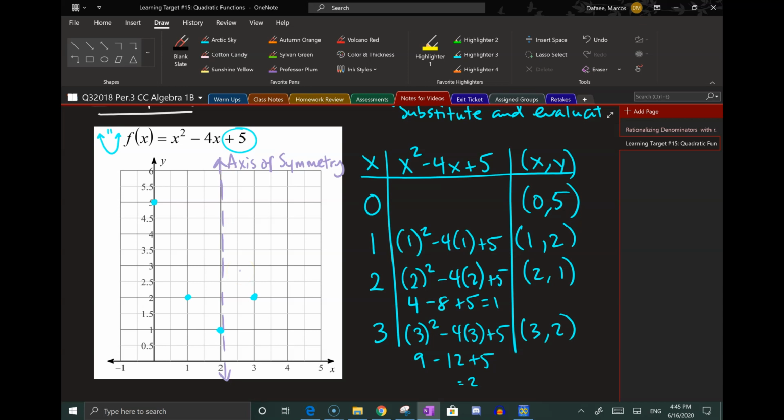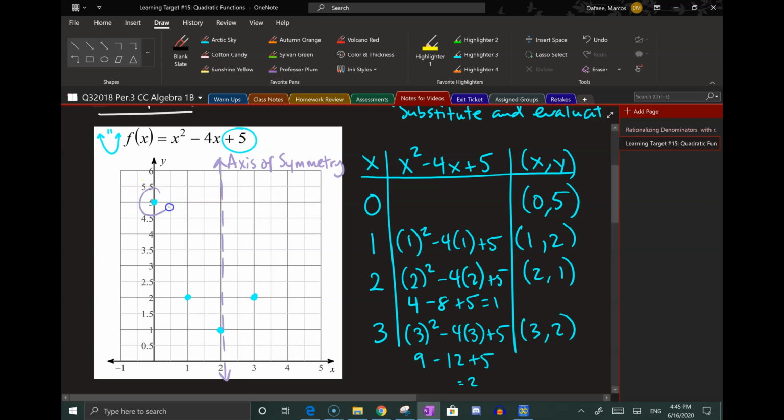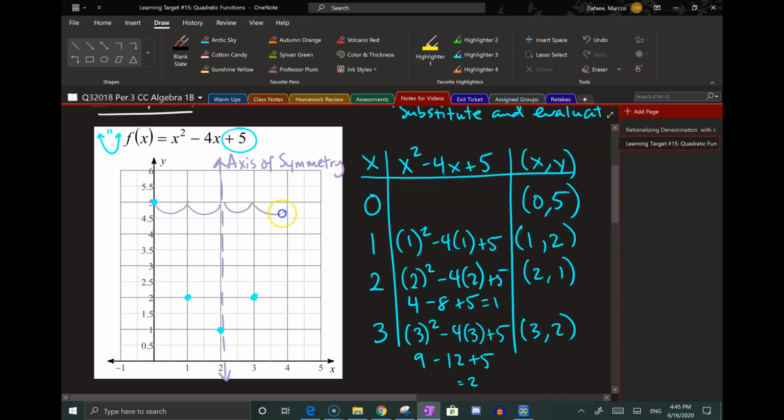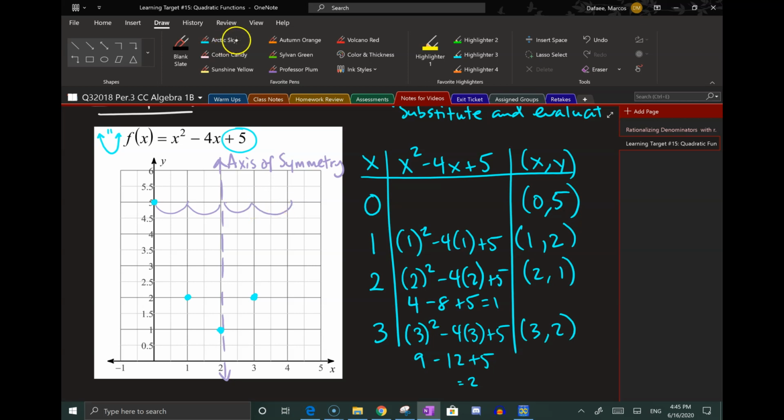Anything you show on one side, it gets reflected on the opposite side in exactly the same way, on the same level, the same number of spaces from that mirror. So if I go over here and I look at my first point, my y-intercept, and you count the number of spaces from that axis of symmetry, you can see it's 1 giant square, 2 giant squares, which means that its reflection is going to be 1 giant square, 2 giant squares, but on the opposite side.